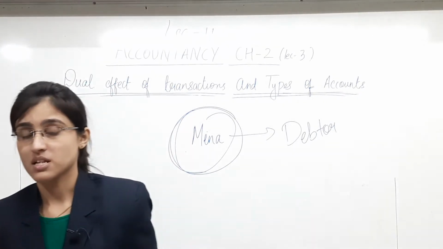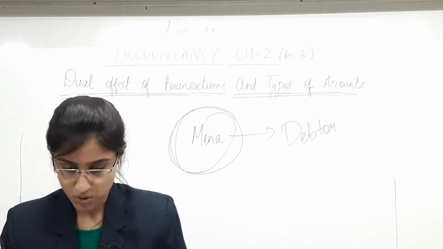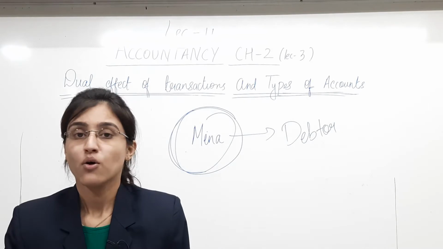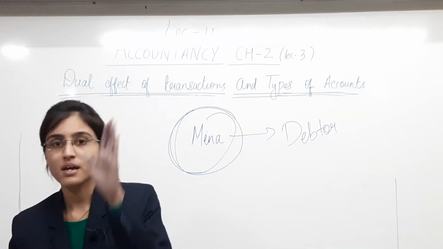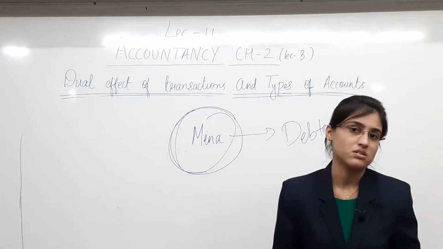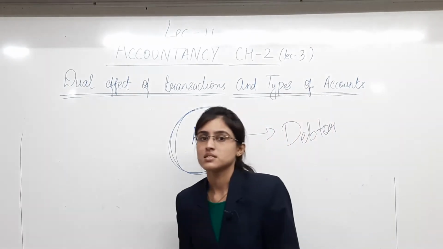The fourth transaction: goods of rupees 2000 sold to Nutan for cash. The word cash is clearly mentioned in the given transaction. So this is a cash transaction.